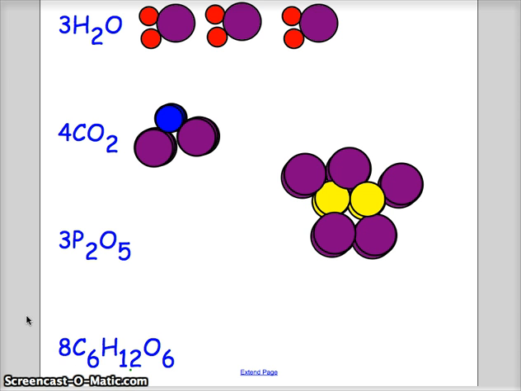Now for this one, I don't have the pictures, so I'm just going to go through the multiplication, or the distribution. 8 times 6 would be 48, so I can write that down.